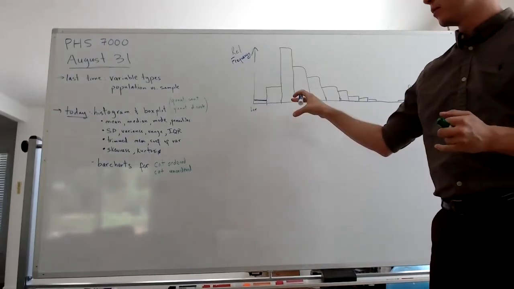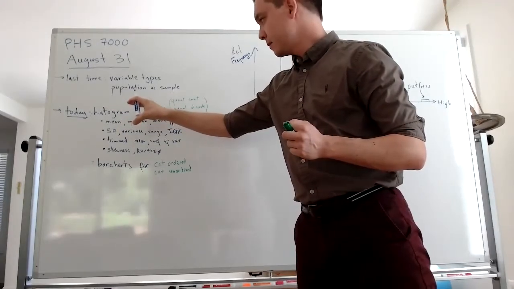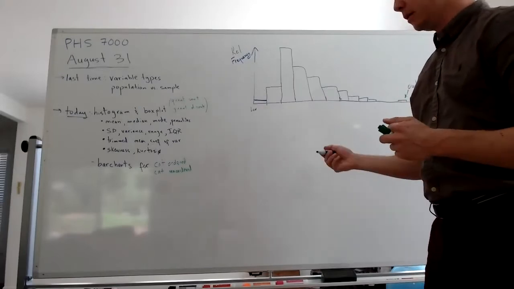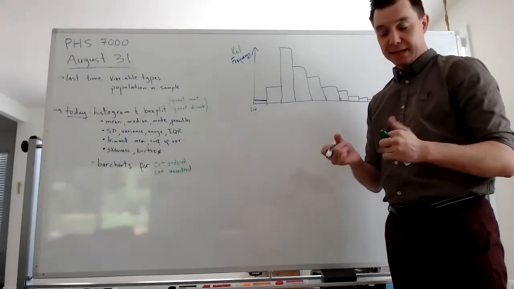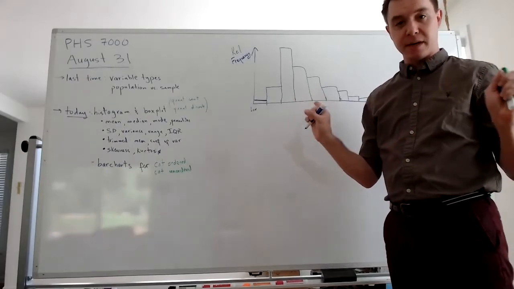So if I now make the box plot for these data, I'm thinking, all right, well, in my box plot, I need a minimum, a maximum, that defines the outer bounds of the box plot.